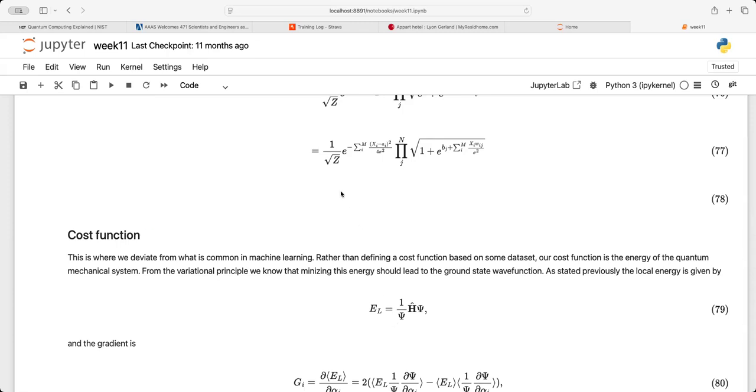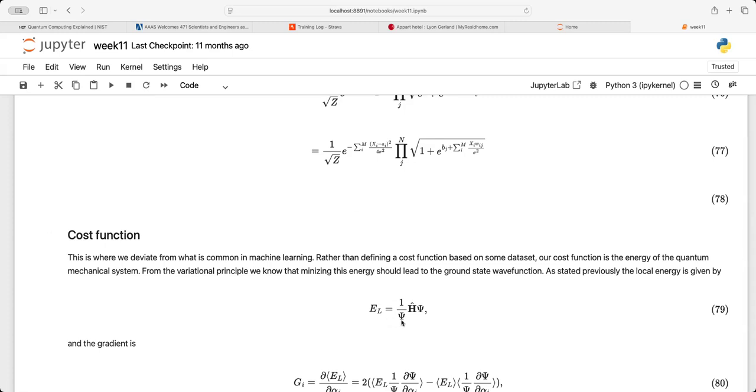So the standard Boltzmann machine, which we discussed before, forces you to actually calculate the derivative of the partition function with respect to the optimization parameters. But since we are optimizing the energy, we have the wave function here, and then the wave function in the denominator, and that takes away the partition function.